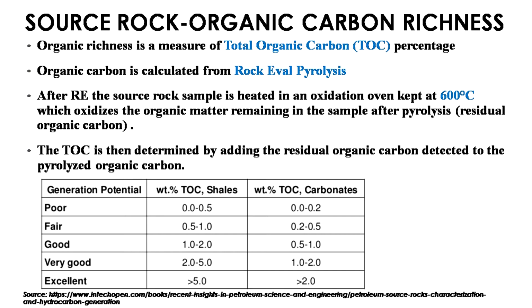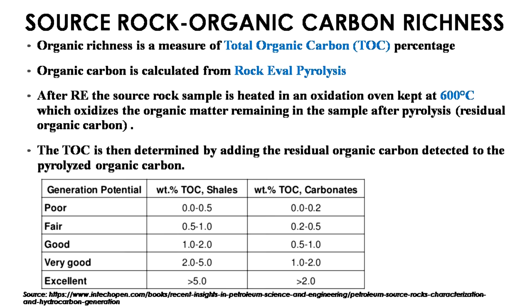What we do is we take that sample and we put it in an oxidation oven kept at 600 degrees Celsius to oxidize the organic matter or the kerogen, which gives us any residual organic carbon that is still there within the sample. Now, if we add these two up, what we have got from rock eval pyrolysis and from the oxidation oven, we get the total organic carbon.